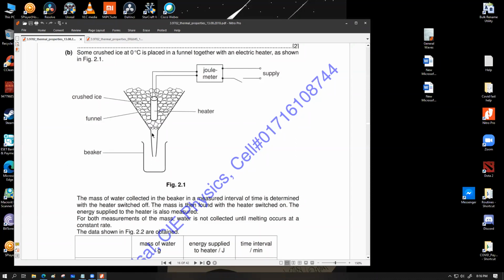If you do not give this mesh, it is possible that some ice at the bottom could become so small that it passes through the tube and comes out unmelted. Then you would not be able to take it into your calculation properly, because you are expecting the ice to melt within this environment and the liquid water to pour out over here.